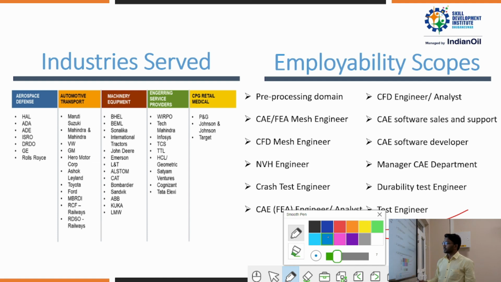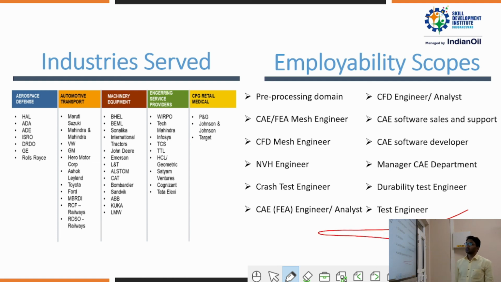After the completion of the courses, candidates can get placed as CFD engineer, FEM engineer, CFD meshing engineer, NVH engineer, crash test engineer, CAE analyst, CFD analyst, CAE software sales and support, CAE software developer, manager of the CAE department, durability test engineer, and many more scopes in industries nowadays.